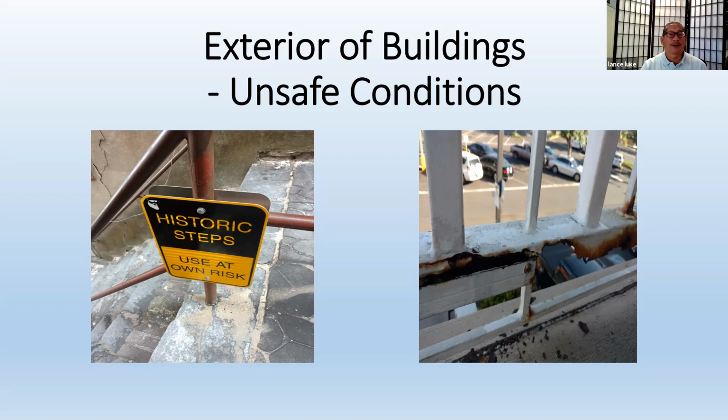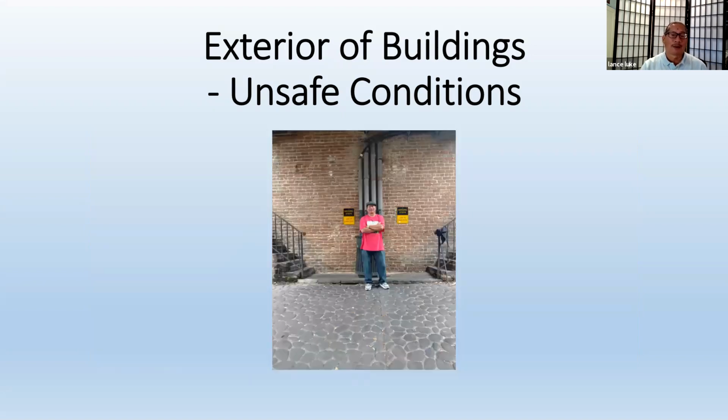Other unsafe conditions would be cobblestone walkway, like I mentioned before. So this is me at the River Street in Savannah, Georgia, and the cobblestone flooring was made years ago. I guess cars used to drive on it, or maybe they had horses or whatever.